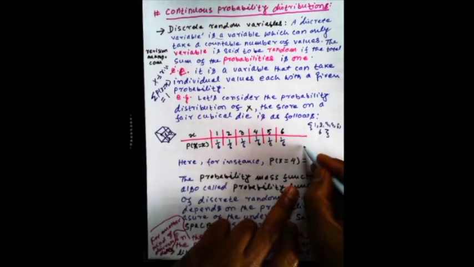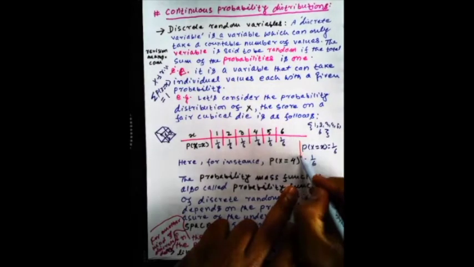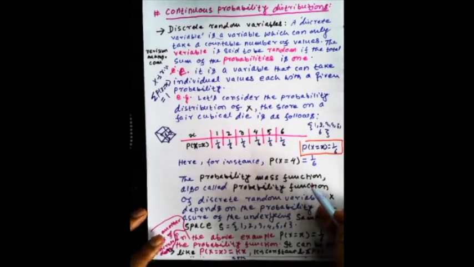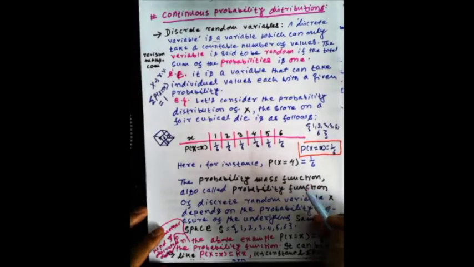In general, if you would like to write it, it is going to be P(X = x) = 1/6. This sort of thing will be called the probability mass function of the discrete probability distribution, or for the discrete random variable.